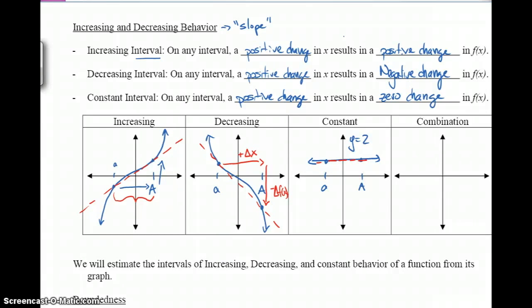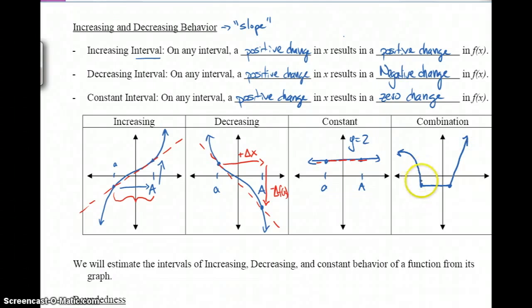So far I've drawn increasing function, decreasing function, and a constant function, something that is always that type throughout the function. But we can actually have a combination. It does not need to just be one. So I can have a part that is decreasing, a section that is constant, and a section that is increasing.